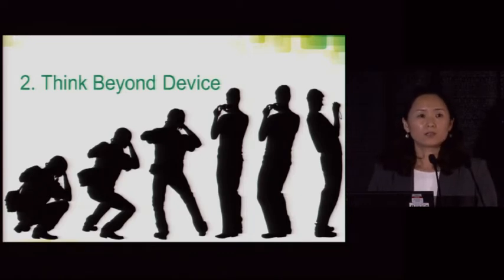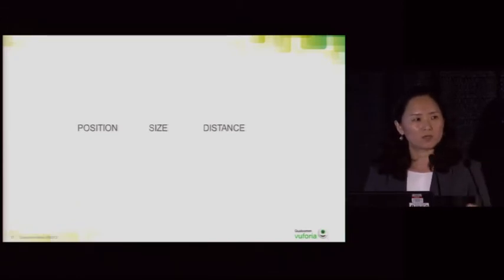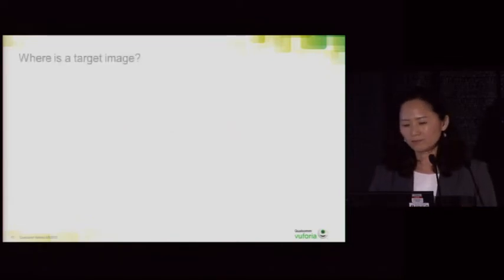We have done a couple of different user studies with our prototype apps, and I want to share some insight from that. There are many insights that I want to share, but because we have such a short time today, I want to share these 3 characteristics: position, size, and distance between the target image, the physical object that you are going to interact with, and your device.